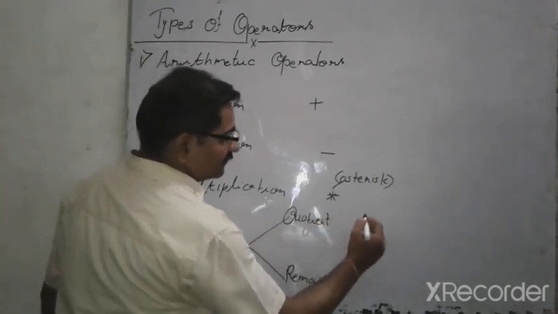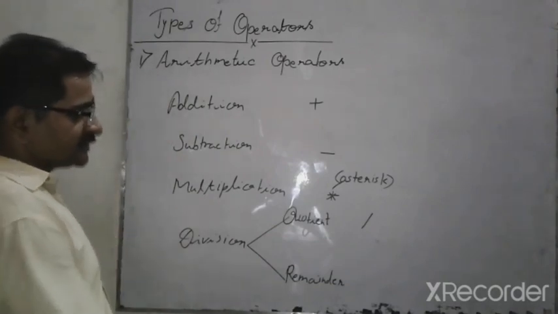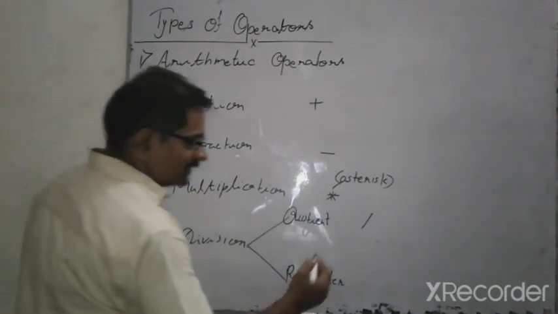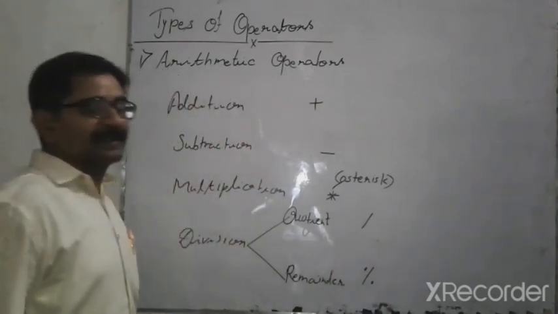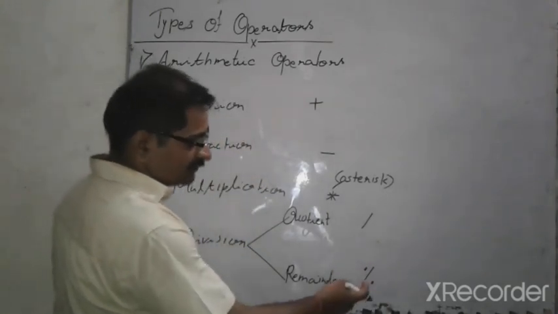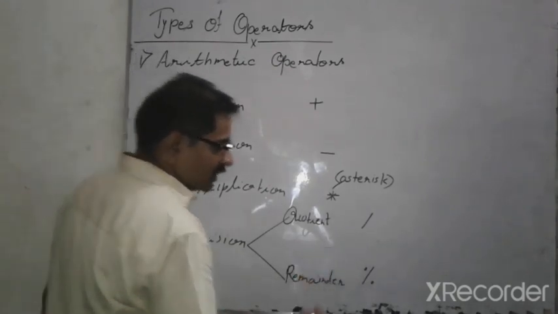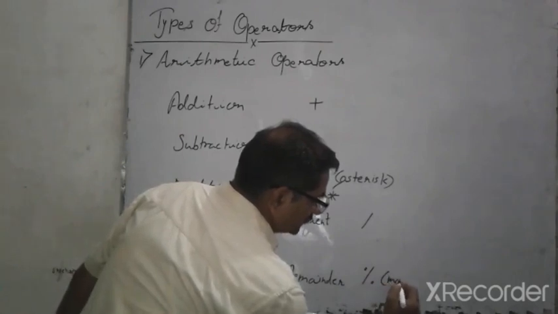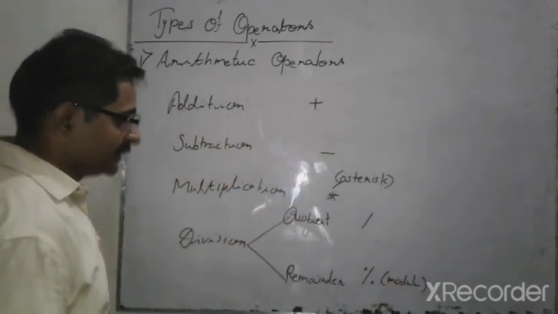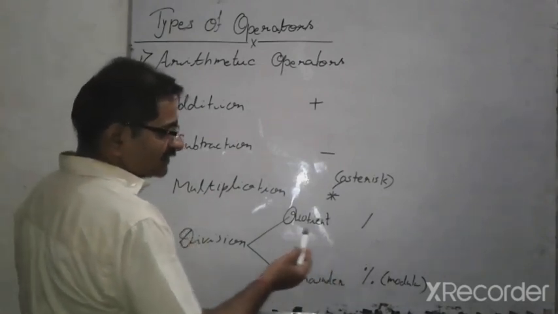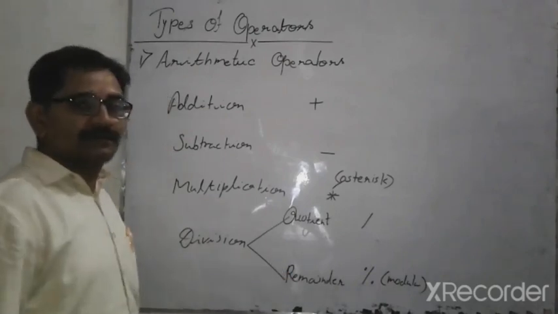So we use the division operator, which gives the quotient, and for the remainder we use the modulus operator. You are familiar with the percentage sign. This is the modulus operator. The division operator returns the quotient and the modulus operator returns the remainder.